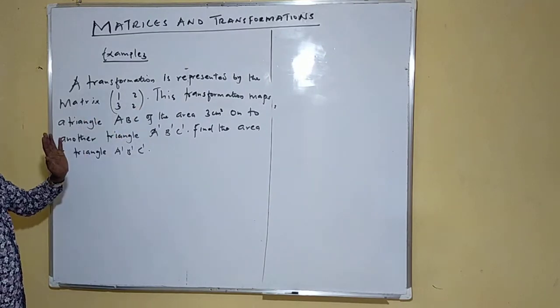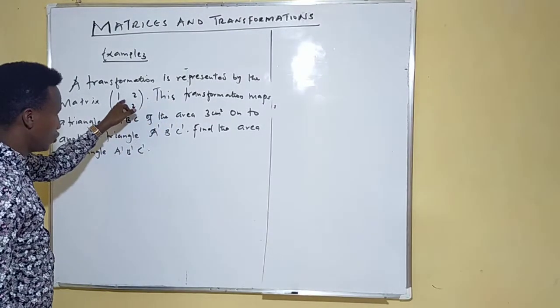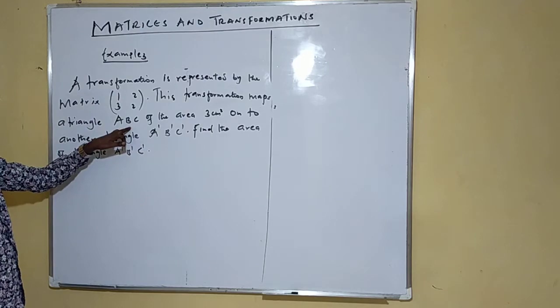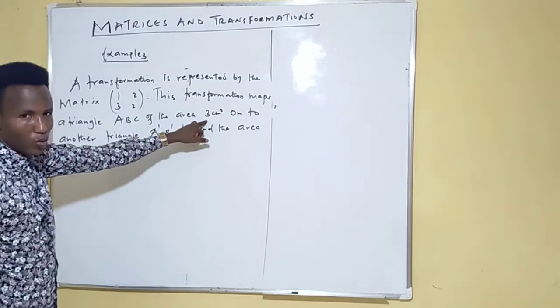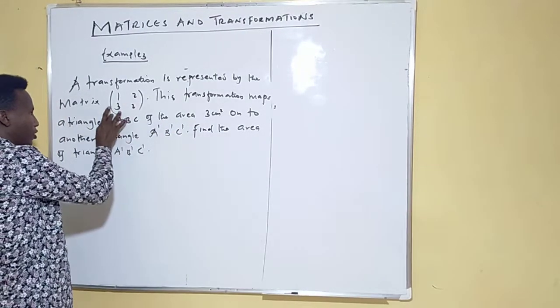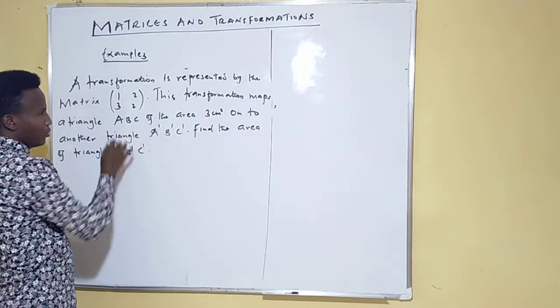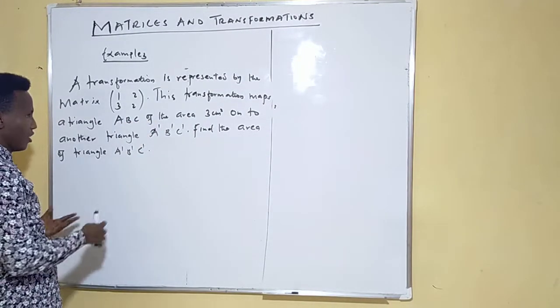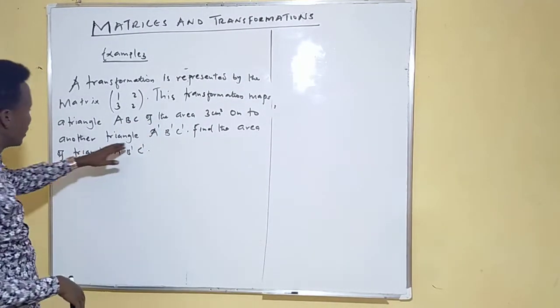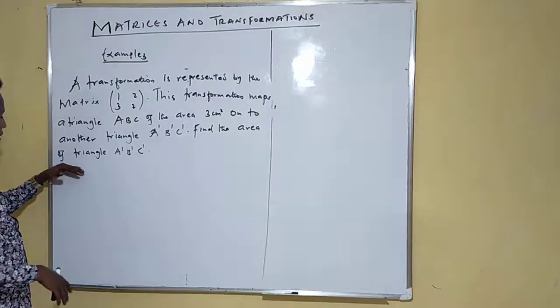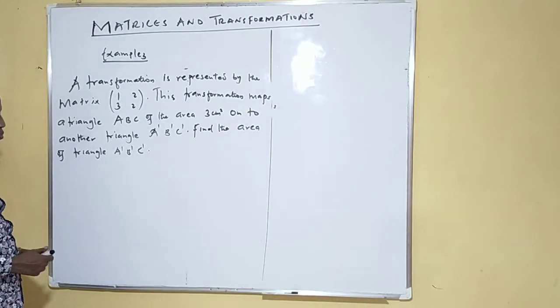This transformation maps a triangle ABC of this area. So you're given a matrix plus the area of the object figure, the triangle ABC, onto another triangle. Find the area of triangle A prime, B prime, C prime.